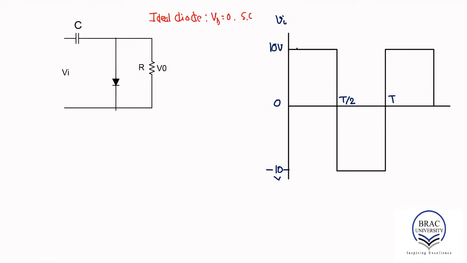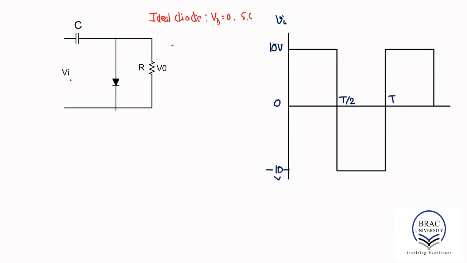So one significant step when trying to analyze a clamper network is that we're going to start our analysis from that half cycle for which diode appears to be forward bias. So if you look into the circuit, diode is in the clockwise direction.